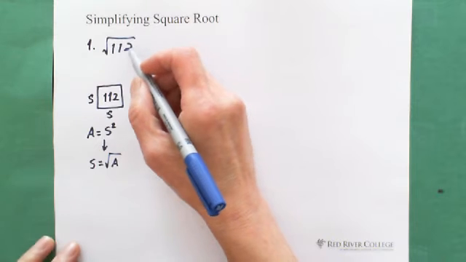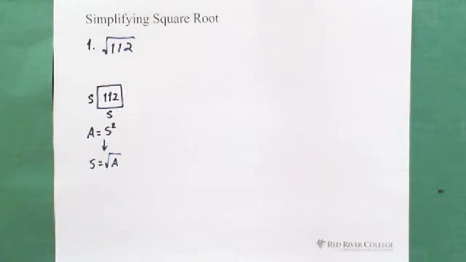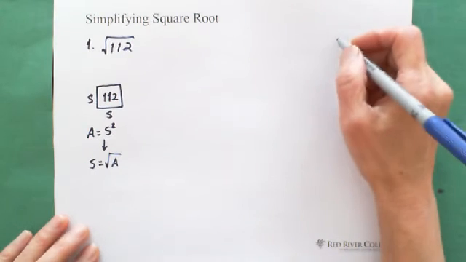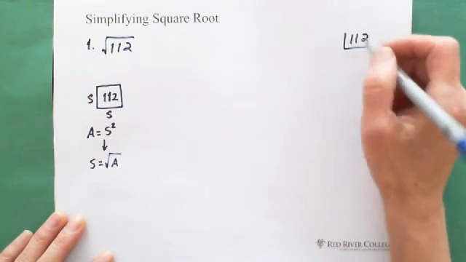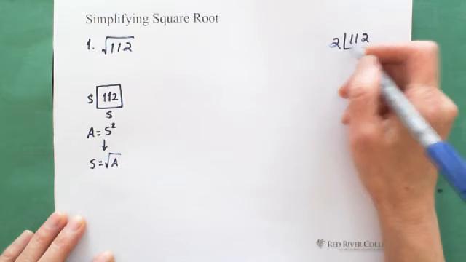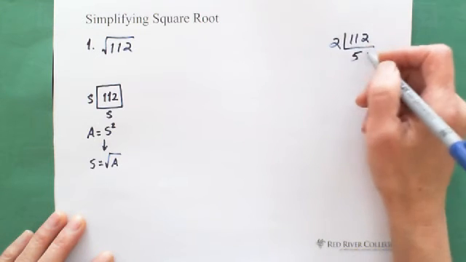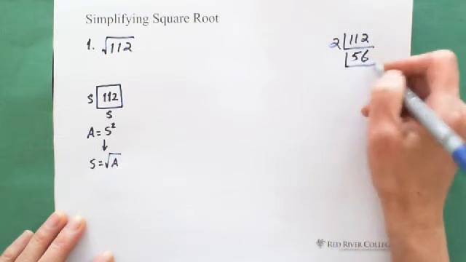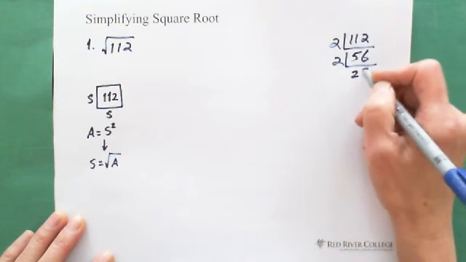Because 112 is an even number, it is always divisible by 2, so we try dividing by 2. Half of 11 is 5 with one remainder, 12 gives 6, so half of 112 is 56. Half of 56 is 28.